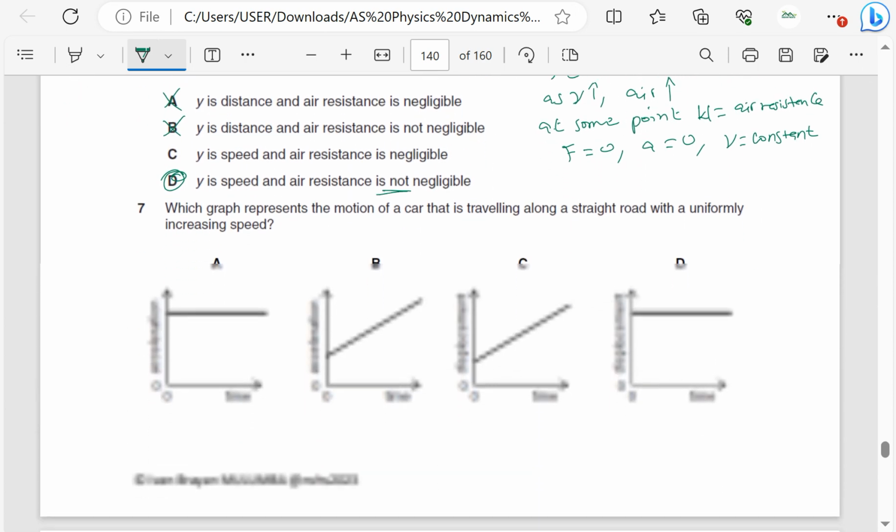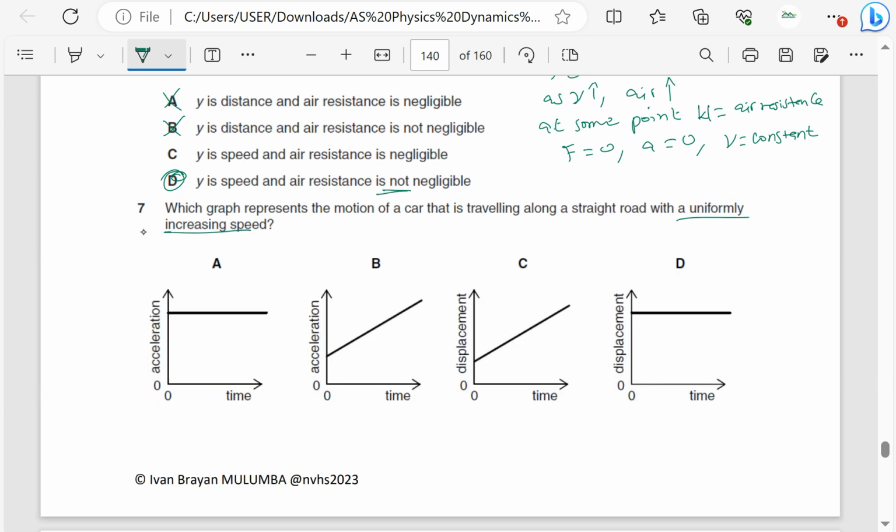Which graph represents the motion of a car that is traveling along a straight road with uniformly increasing velocity? If it is uniformly increasing the velocity, remember the gradient is the acceleration. So uniformly increasing velocity is sketched like this.